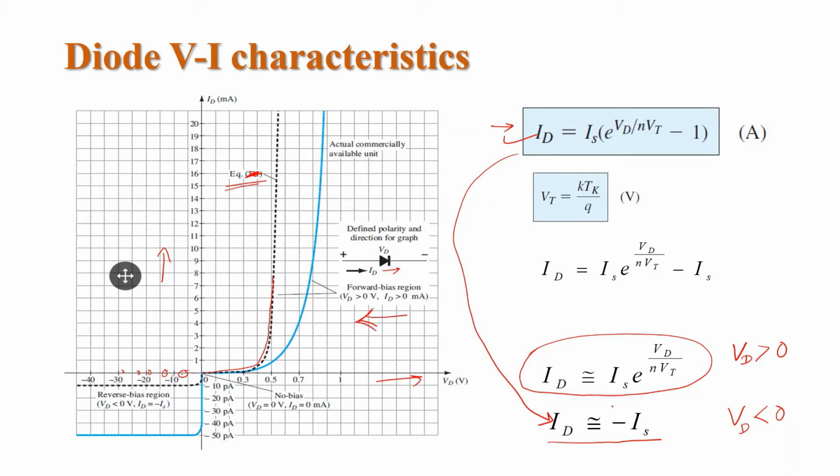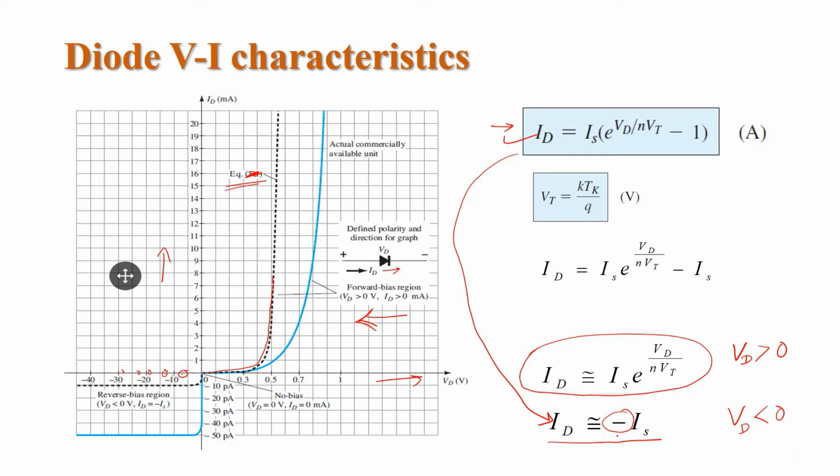So that's why the minus symbol is used here. Minus is to denote that the current is in the direction opposite to the direction of the PN junction diode, that is from N to P. The net current is in the direction of N to P, and the current's magnitude is equal to IS.